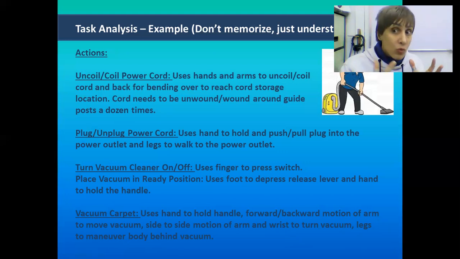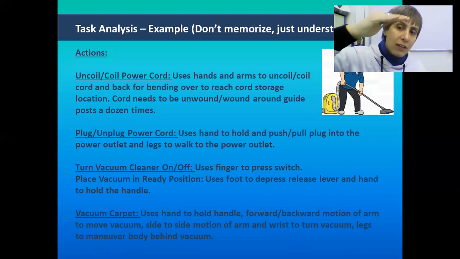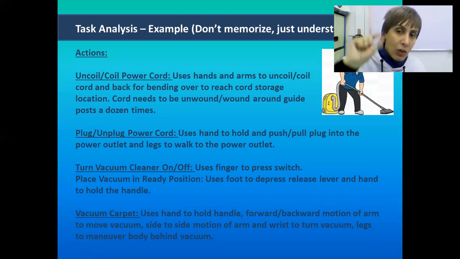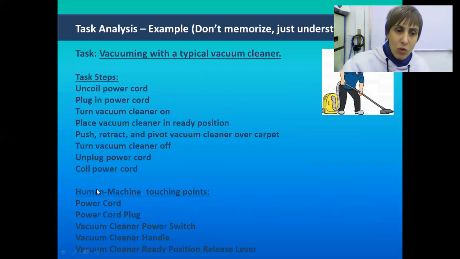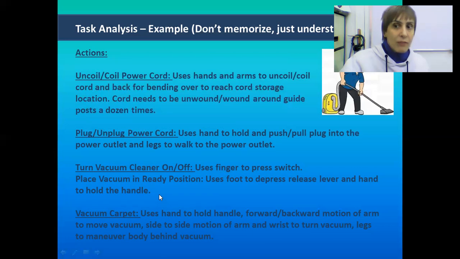When using this product in this task step, because we divided the task into many steps, for each step now we need to tell about the action, what happens in this step. We have the human machine touching points, we have the task steps, but what are the actions? You need to describe that also in detail.